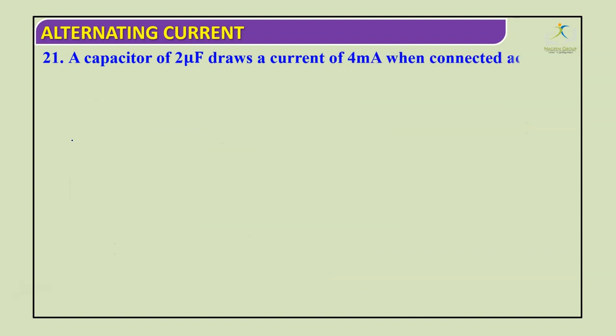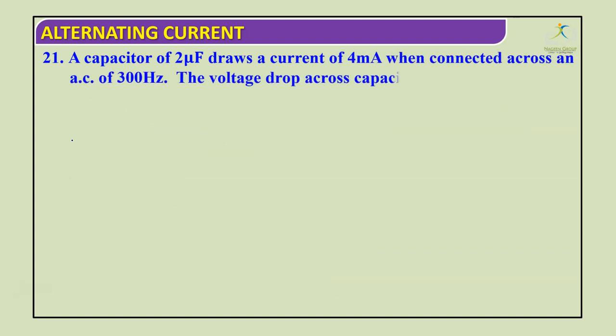Next question we have. A capacitor of 2 microfarad draws a current of 4 milliampere when connected across an AC source of 300 Hz. The voltage drop across the capacitor is 1.06 volt, 1.5 volt, 2.1 volt and 6.6 volt.